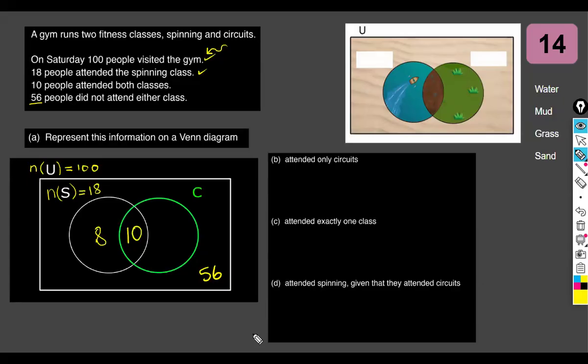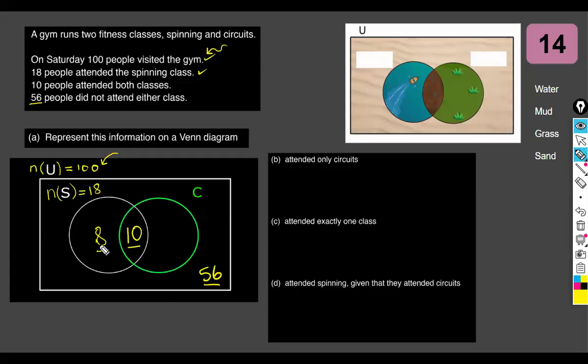Now, to figure out how much goes here, we cannot take the 10 and minus it from the C value because we don't have a value for the C circle as yet. But we know it's supposed to have 100 people in total. So if you have 8, 10, and 56, how much do you need to make 100?